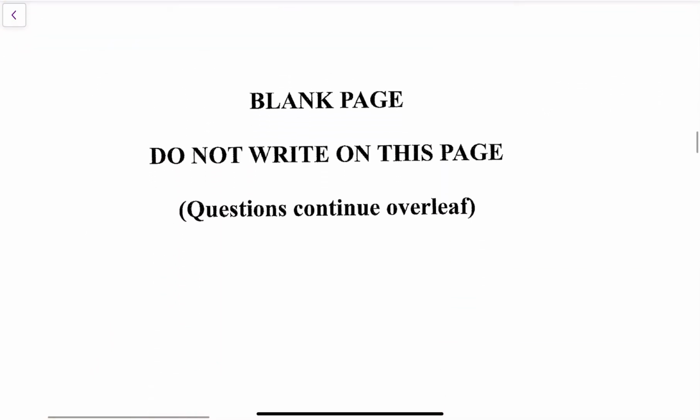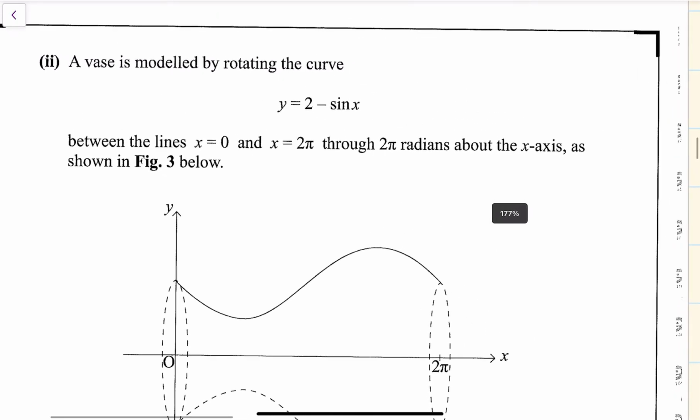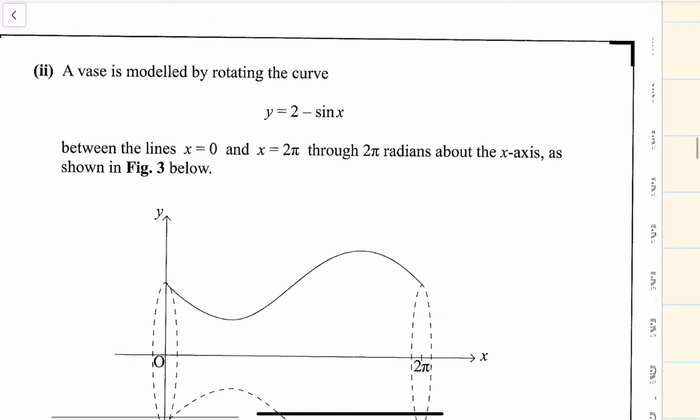Okay, the next bit of this question, wherever it is, there we are, said a vase is modelled by rotating the curve y is equal to 2 minus sine x between x equals 0 and x equals 2 pi.